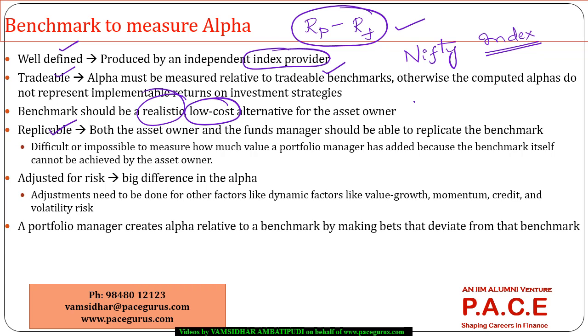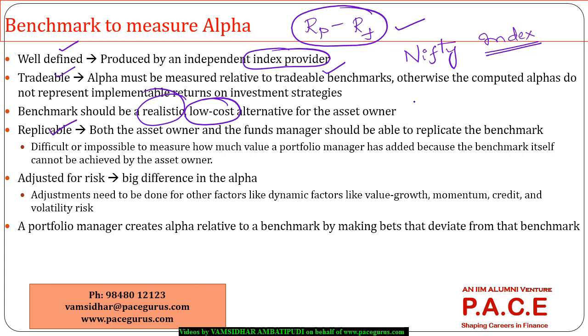The asset owner as well as the fund manager, both of them should be able to replicate the benchmark. In some cases, it may not be that easy for the asset owner to replicate the benchmark, but at least the portfolio manager should be able to replicate it quite comfortably.